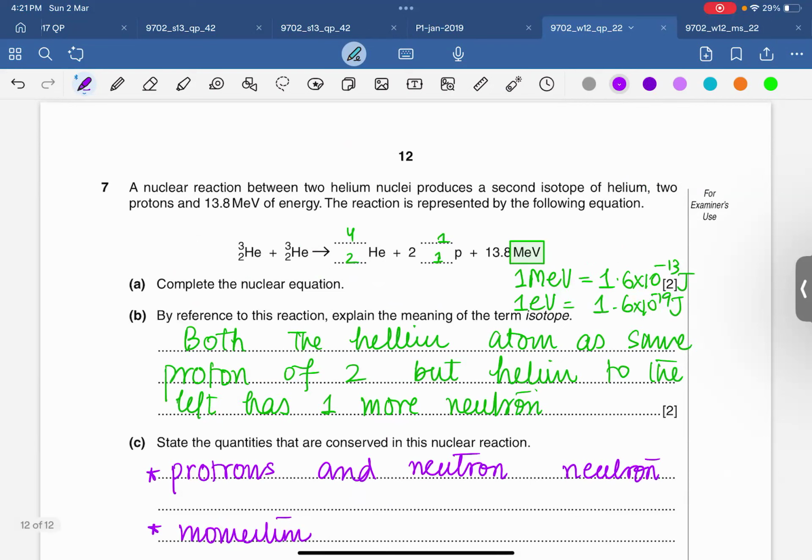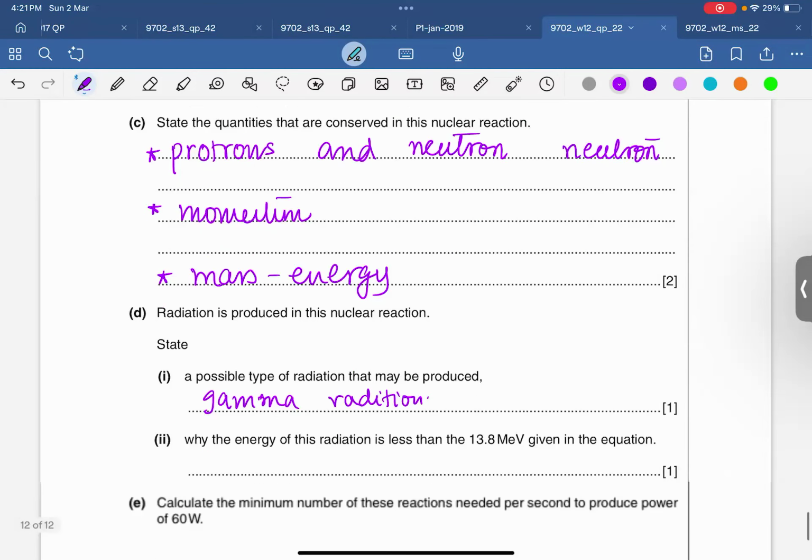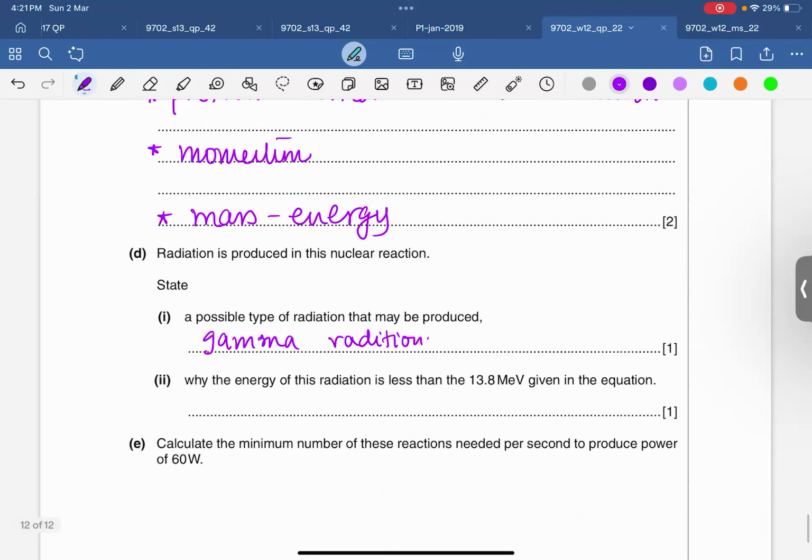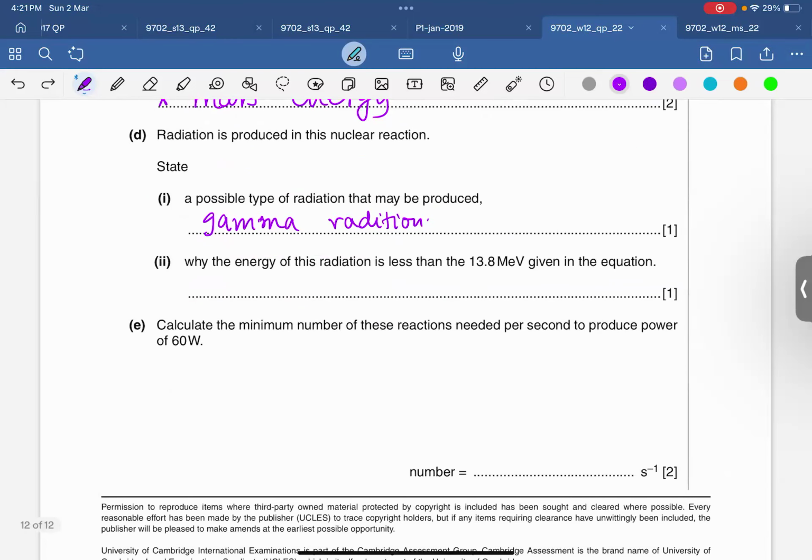So they have the kinetic energy and the electromagnetic energy. You can write kinetic energy right here: the product will have kinetic energy as well.